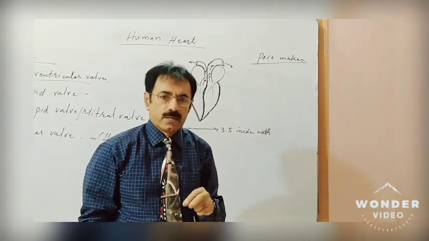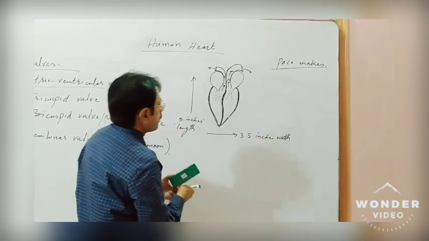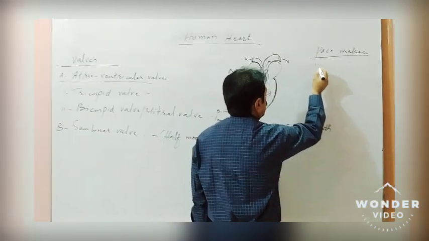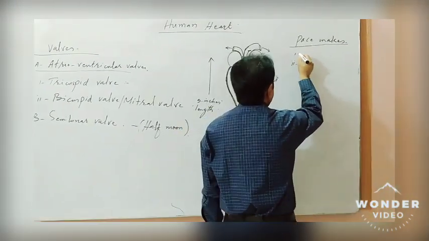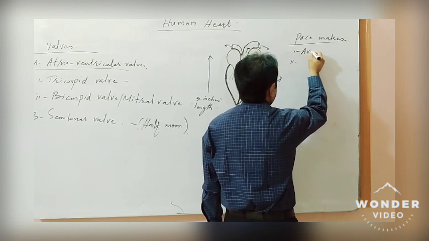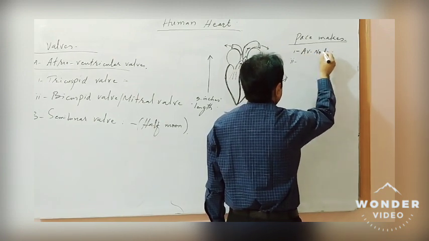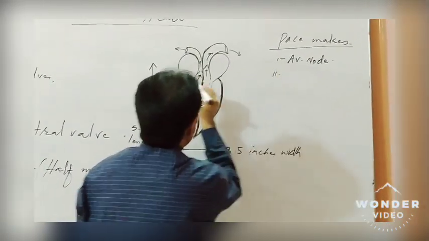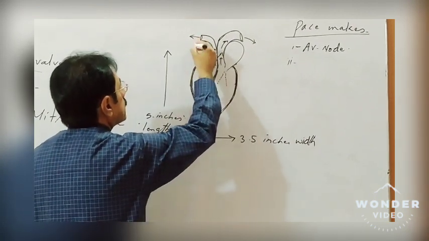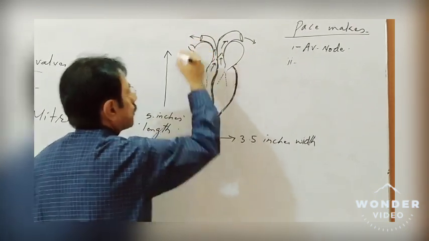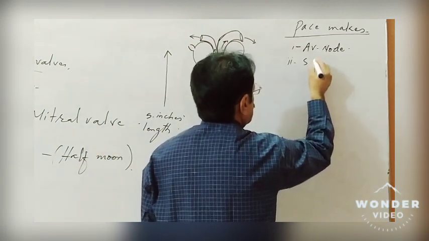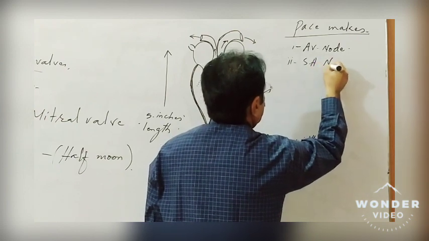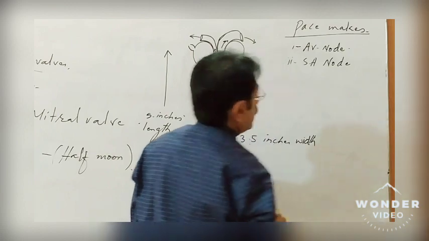There are two pacemakers, and both lie on the right side of the heart. They are the AV node, meaning atrioventricular node, and the sinoatrial node, the SA node.